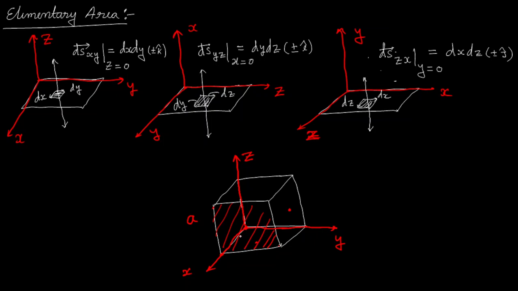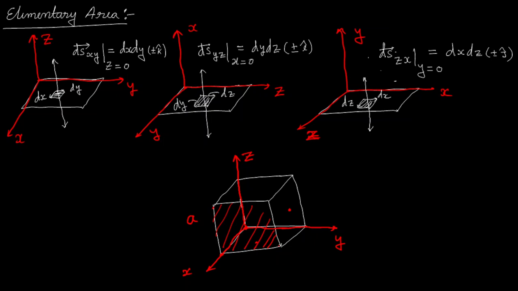So it will be the yz surface. So on a cubic surface, if we consider a coordinate system in such a way that a corner of the cube lies at the origin, and the sides of the cube are parallel to the x-axis, y-axis, and z-axis, then on the surface of the cube we'll get all three kinds of plane: xy plane, yz plane, and zx plane.